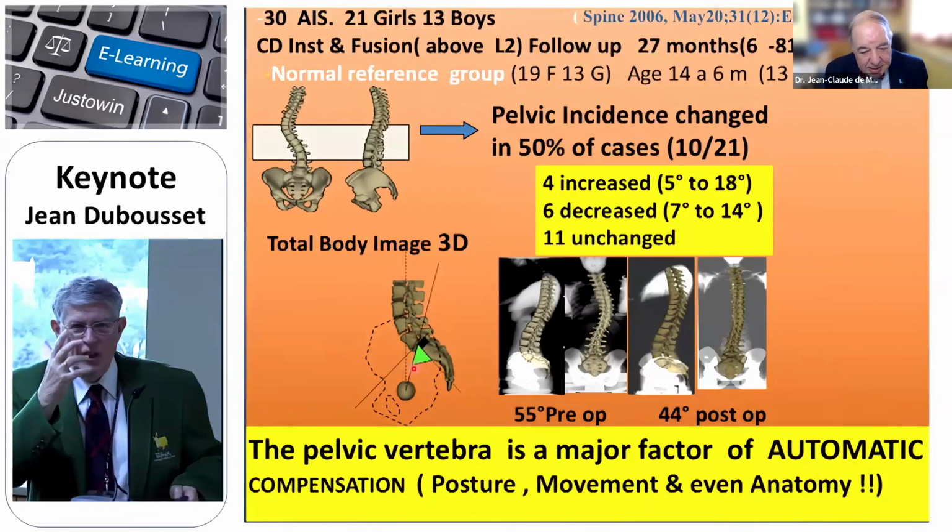So it's interesting to control systematically for your patient the pelvic incidence. In the frontal plane, you measure the Cobb angle, and you control during growth the evolution of the pelvic incidence.